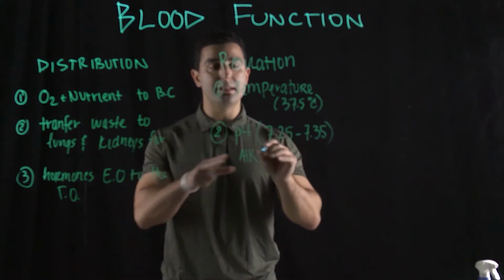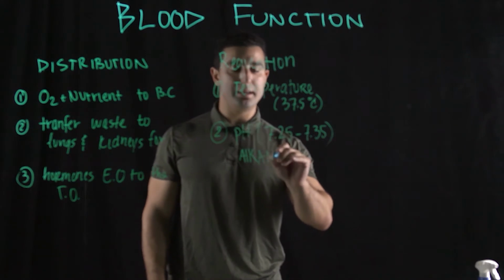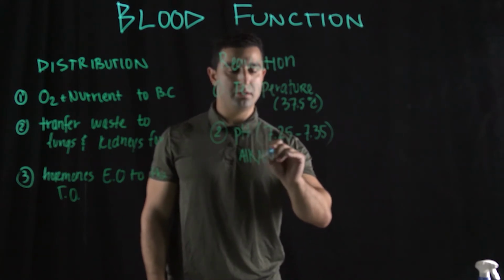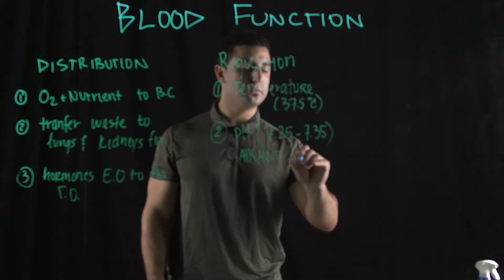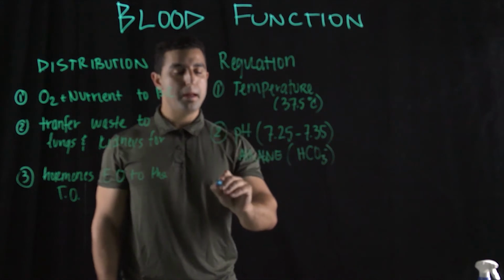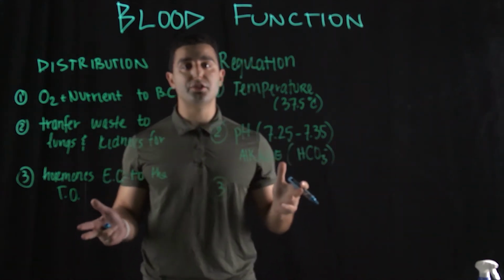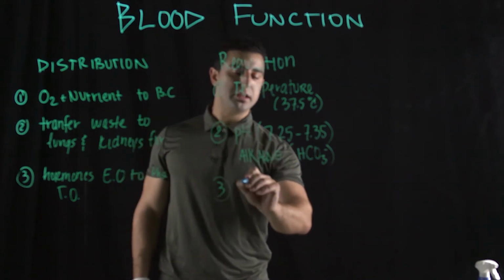For example, we can talk about bicarbonate. Bicarbonate is a base, alkaline. This is HCO3 minus. And the third and final thing we're going to focus on here is regulation of blood volume.